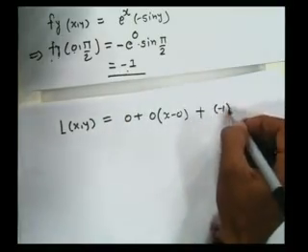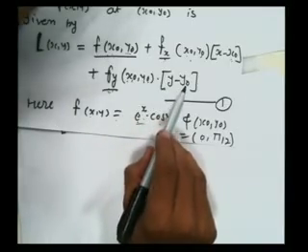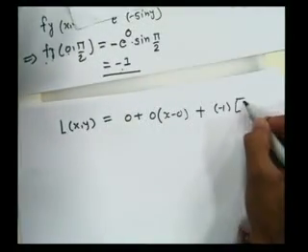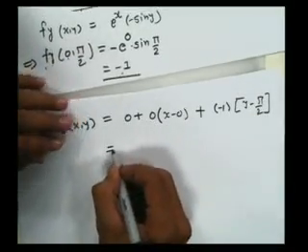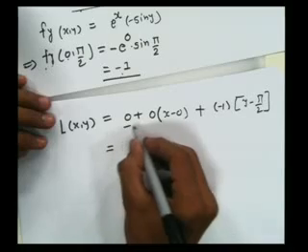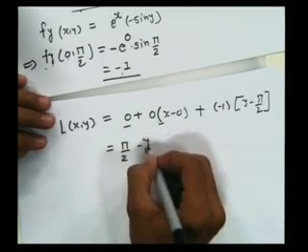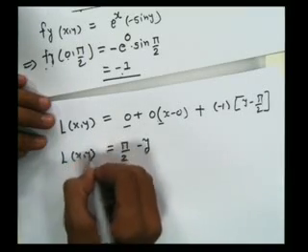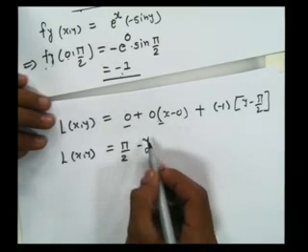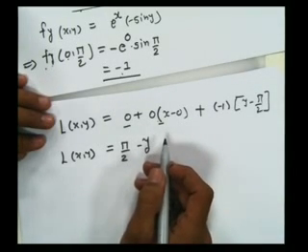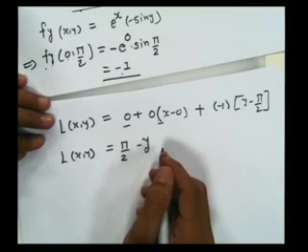So it is minus 1 into y minus y0, this is y minus pi by 2. Simplifying this, we have 0 plus pi by 2 minus y. So this function L of x y equal to pi by 2 minus y gives the linearization of the given function e raised to x into cos y at the point 0 comma pi by 2.